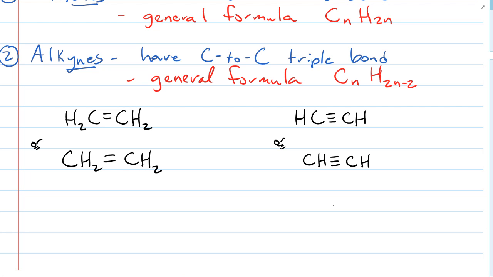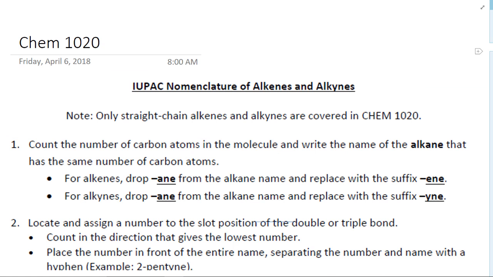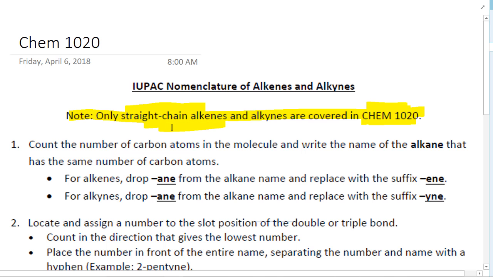Then when it comes to naming these, here's what the naming rules tell us. And by the way, we're going to highlight this. In Chem 1020, which is the course you're in, you're only going to be responsible for the straight chain alkenes and alkynes. And by straight chain, we're not going to talk about branching. Now, it is true, if you've looked at Mastering Chemistry, that you have some branched ones assigned in there.